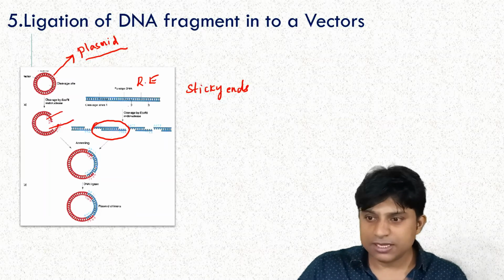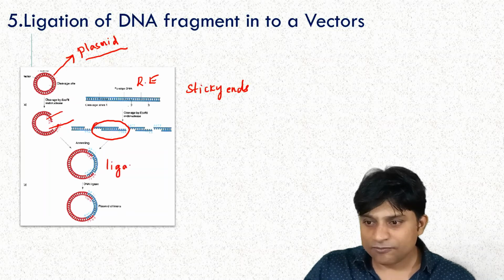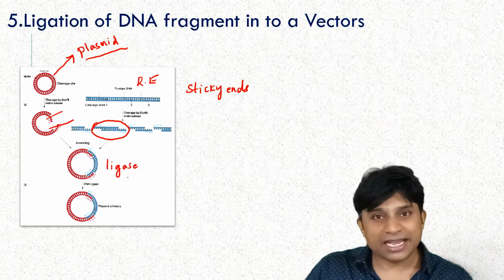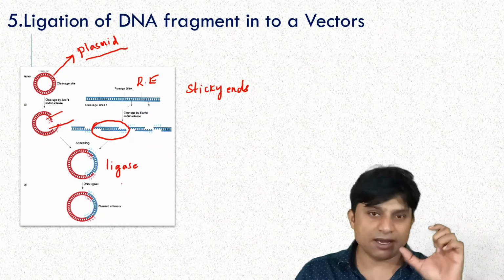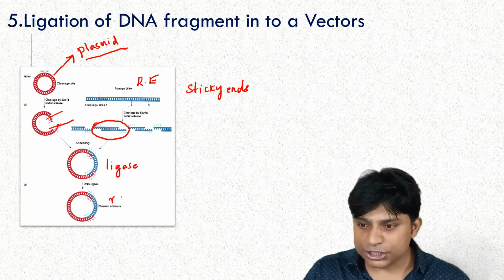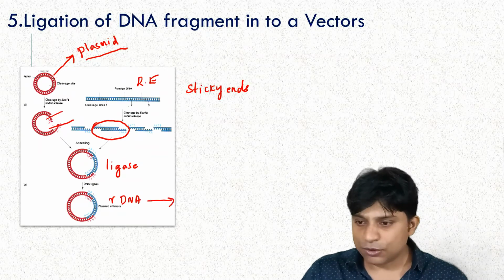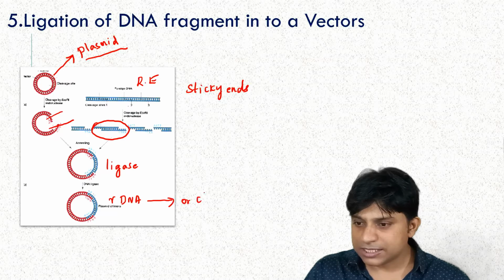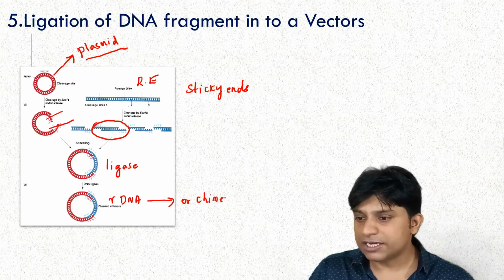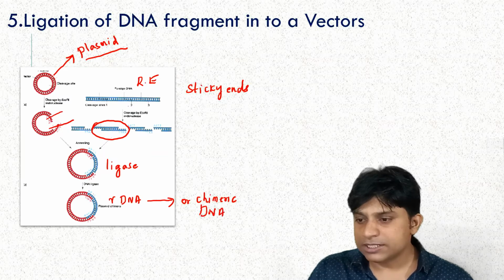After this, our gene of interest is added with an enzyme called ligase. All the sticky ends are connected by the enzyme ligase. So it results in formation of our recombinant DNA, which is also known as chimeric DNA.